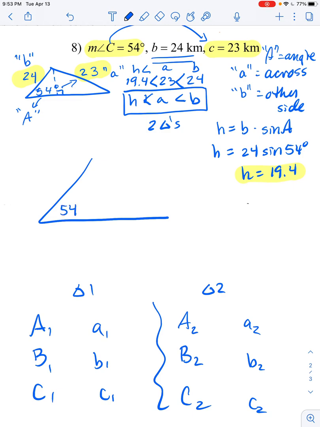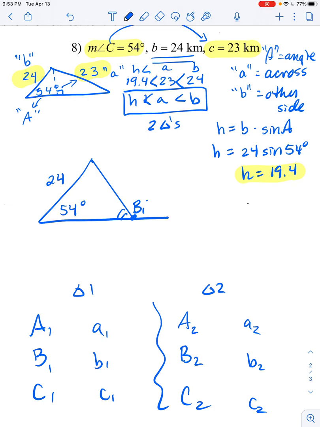If this is 54 because they said so, this is 24 because they said so, the opposite side is 23, so almost as long. Here's the reality. That can swing through, and when it does, it can hit this bottom line here, creating a triangle where I have this option for angle B over here. That's my first option.